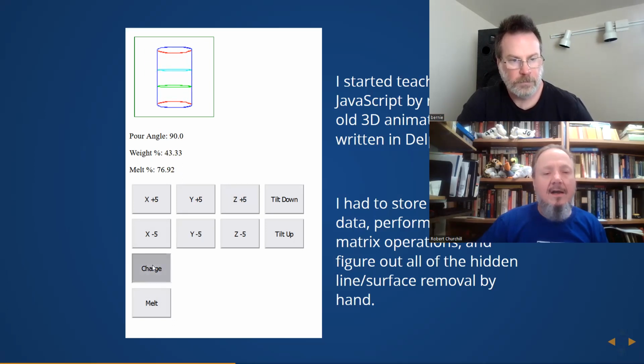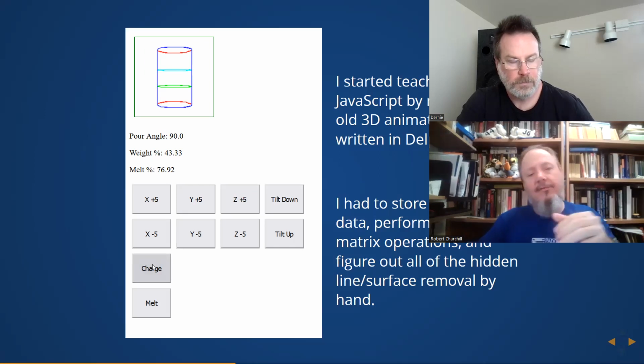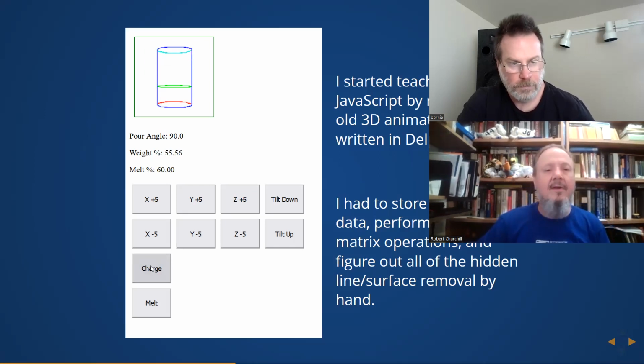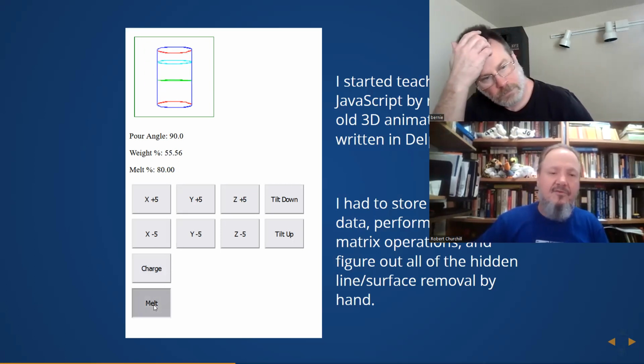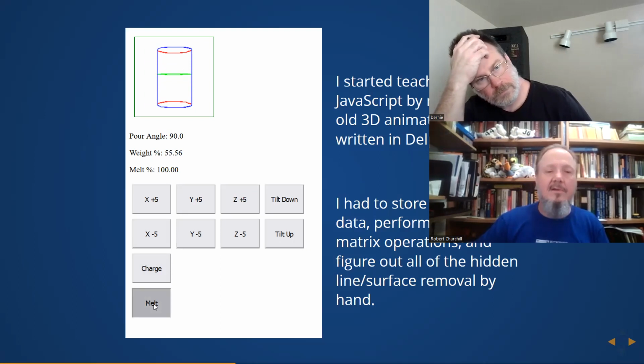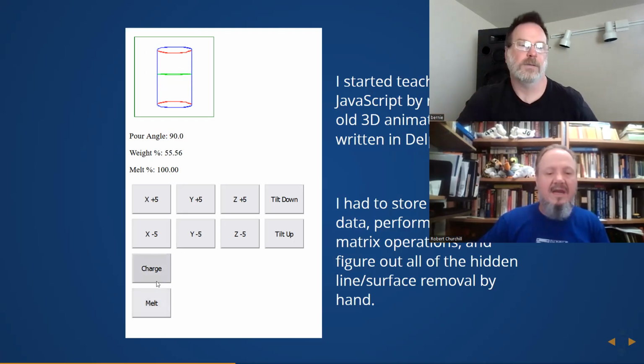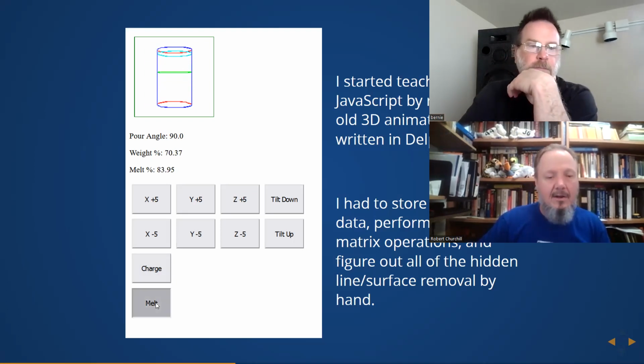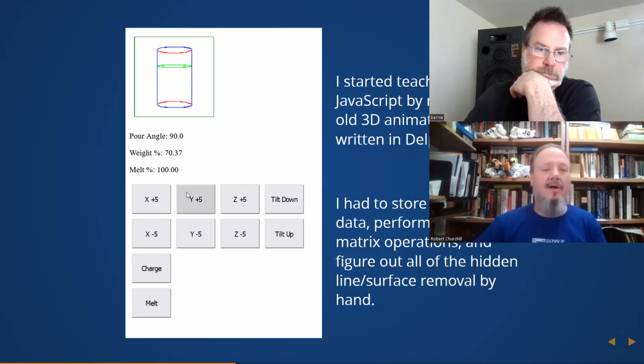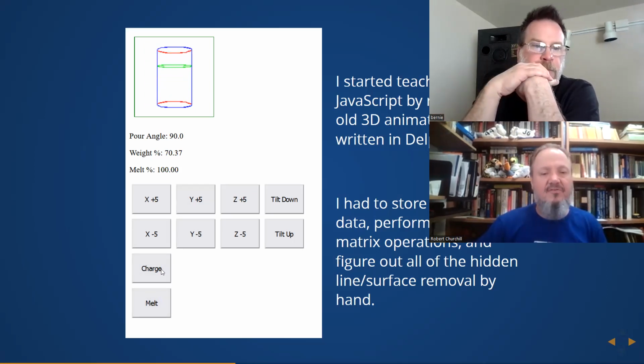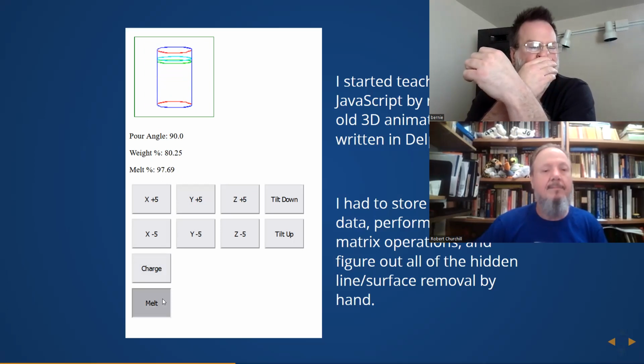So if I keep hitting this charge button, the cyan ring shows where the top level of the loose metal is, and I'll charge it to the top, and then I'll melt it, and the liquid level will keep rising, and I'll keep doing that till I get it over 75%.